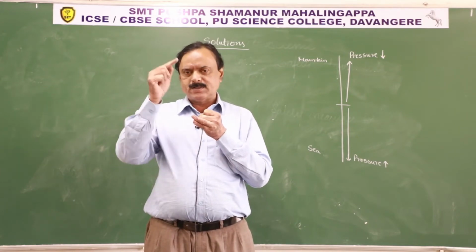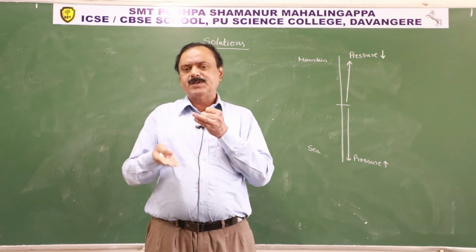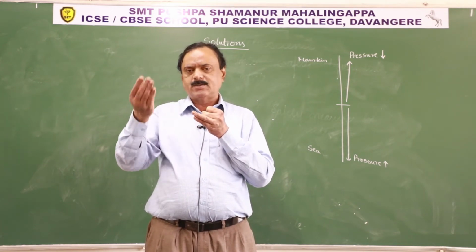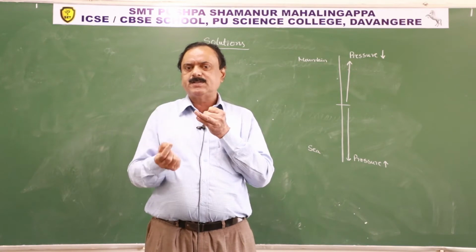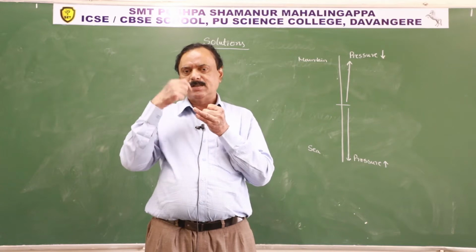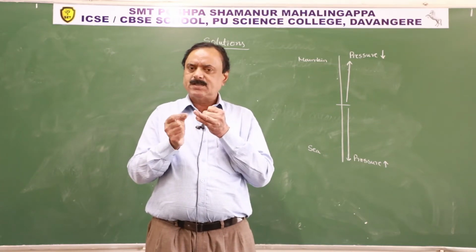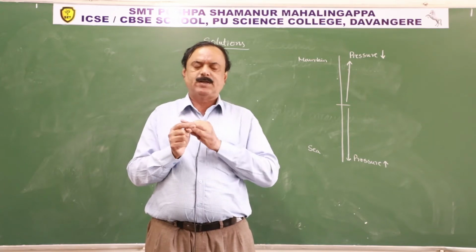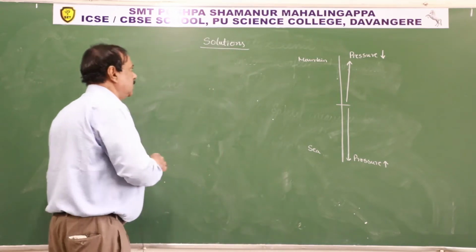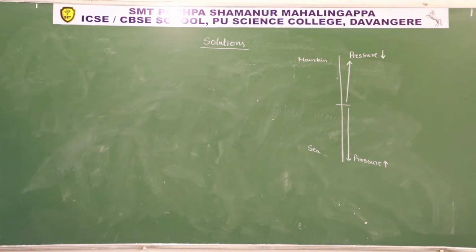When they come to the surface, the pressure decreases and nitrogen appears in the form of bubbles, which blocks the capillaries and causes bleeding from the nose. The bends and anoxia, these two are very important. This is about the applications and limitations of Henry's law.